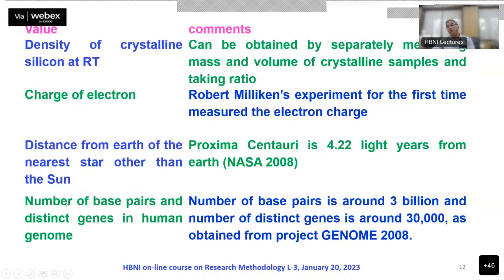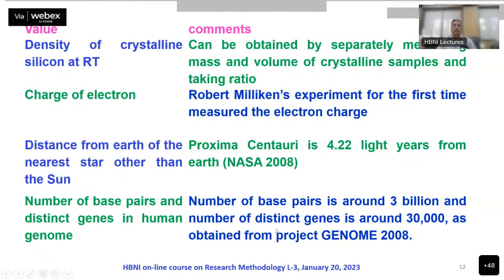Accuracy and precision are two aspects of a measurement that will be taught in the next part. Another example is the number of base pairs and distinct genes in the human genome. The genome project in 2008 found that the number of base pairs is around 3 billion and the number of distinct genes is around 330,000 in the human being.